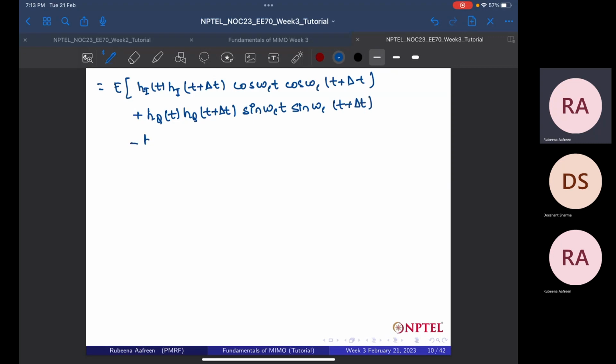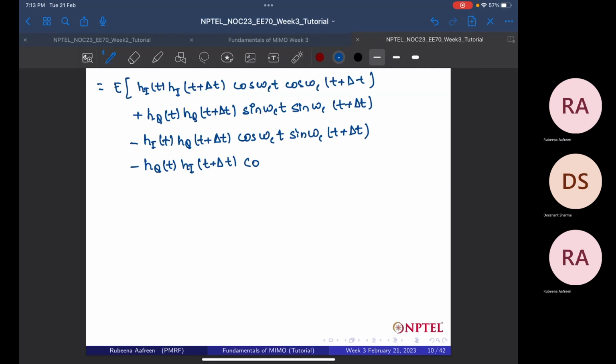Now the minus terms: hI(t) hQ(t plus delta t) cos of omega c t sin of omega c (t plus delta t), minus hQ(t) hI(t plus delta t) into sine of omega c t into cos of omega c (t plus delta t).